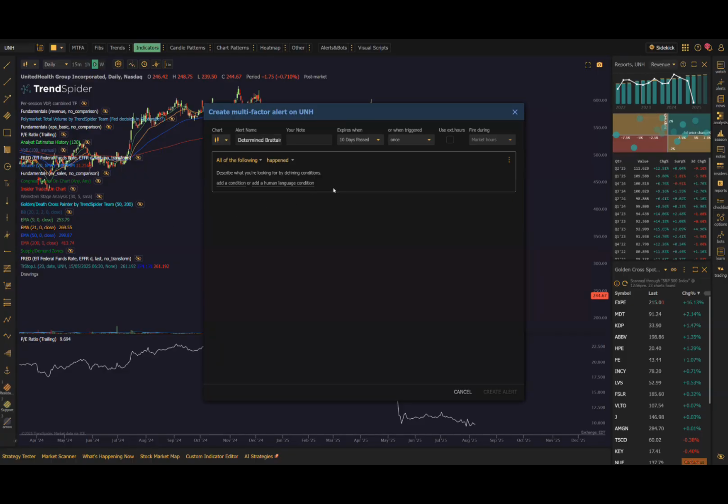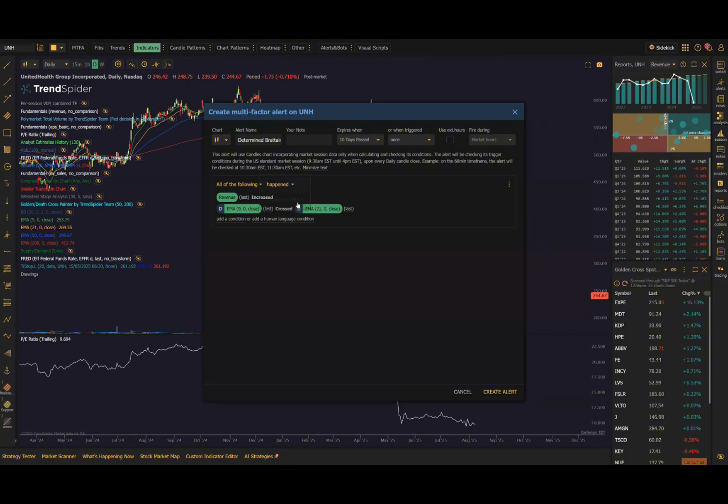So it's not just prices touching a line, but you can do, I don't know, revenue is greater than, increased, and price, or even 9 EMA crossed above 21 EMA. And of course, you can do that happen within X candles, whatever you want to do. That's a multi-factor alert. You can combine as many things as you want into one alert. It's called a multi-factor one, which is very nice.